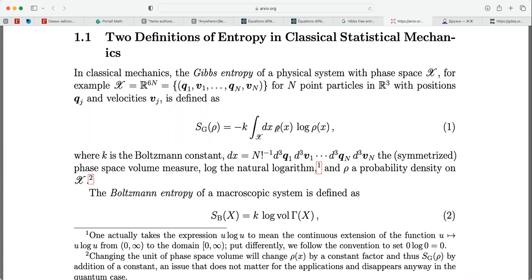So just okay, it's a volume measure. I agree, but it's not a probability measure, dx here. It's just a big measure, and you write this formula, and it's just nonsense, really.